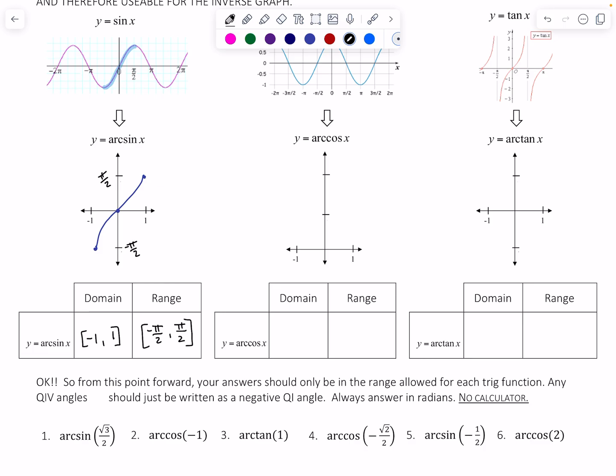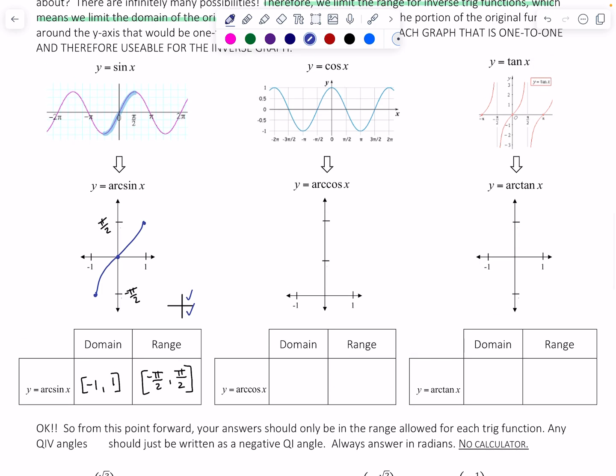So when we're thinking about our sine functions, we're thinking about what quadrants we are working in. And for us, we're going to be working in quadrant 1 and quadrant 4. Really keep that in mind. So for arcsine, when we're answering those, we're answering with quadrant 1 or 4.